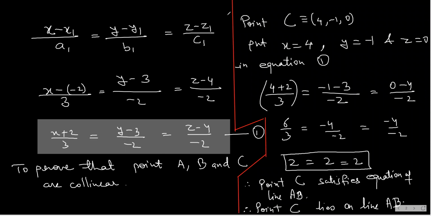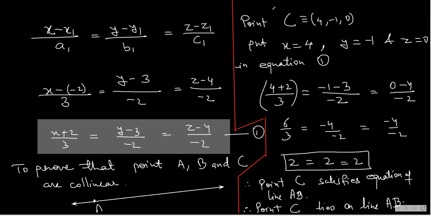If the point lies on the line, suppose this is AB, this is A, this is B, and point C lies on it. What does that mean? That means the 3 points are collinear points.